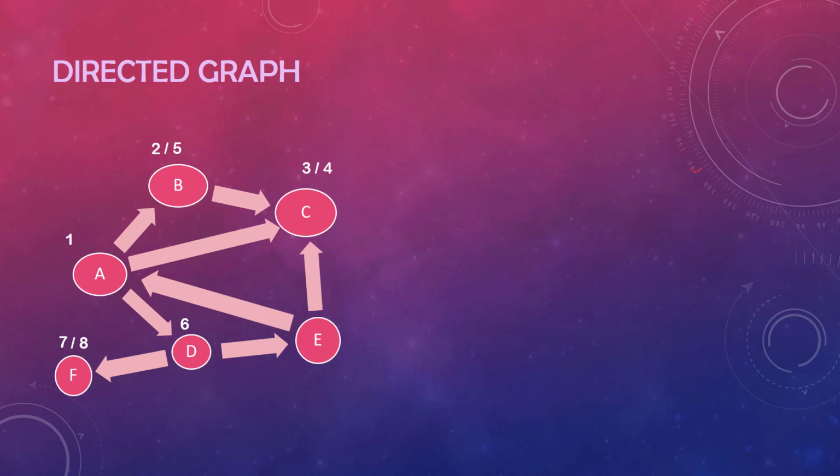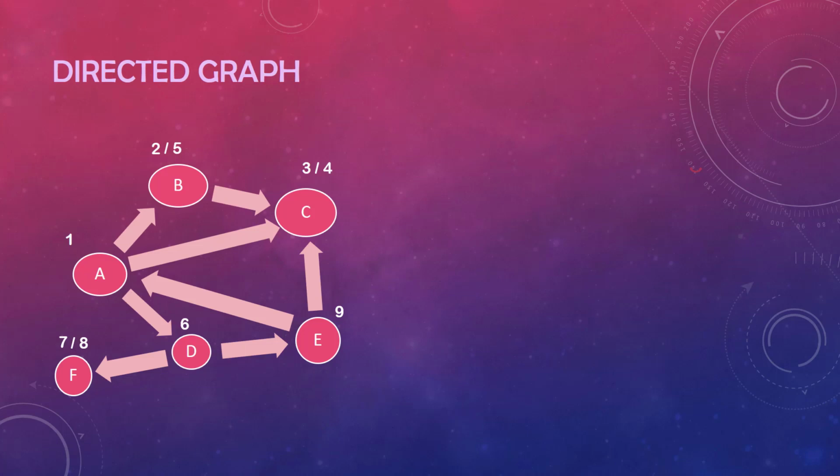From D there is another unvisited node, which is E. We will visit that at time 9. And from E there are a few outgoing edges, but all of them are going to visited vertices, so these will not be part of the tree edges. So what will these edges be?